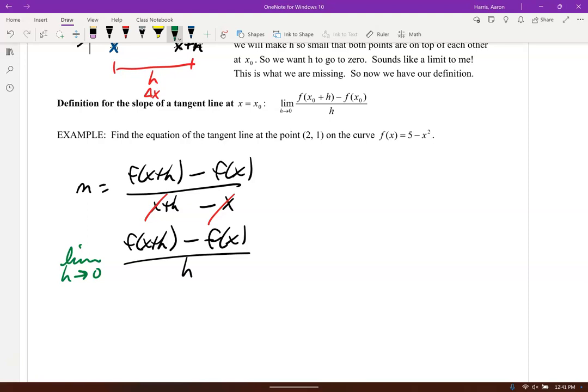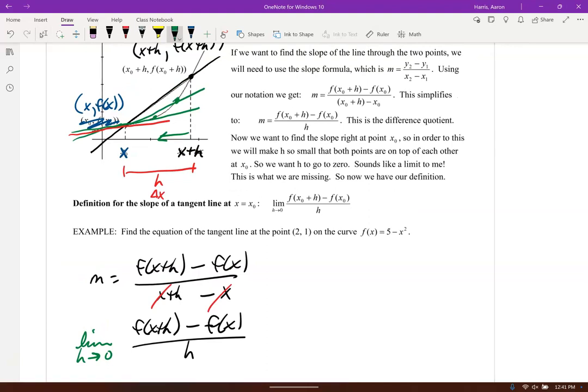And if I run the limit on that slope as h goes to 0, as that distance h goes to 0, this point's coming in, down, down, and finally I end up with my slope of the tangent. That's called a limiting process, and that is the derivative.